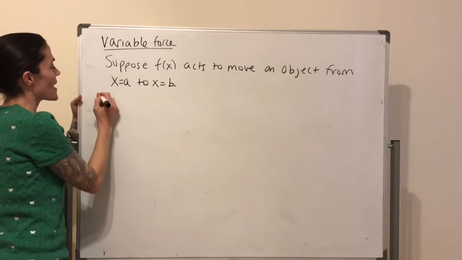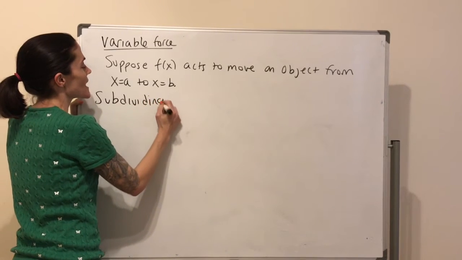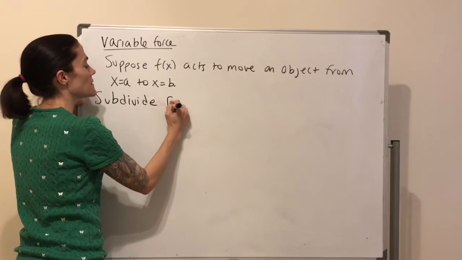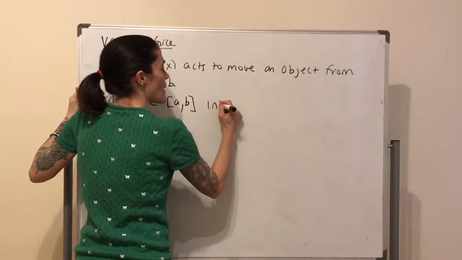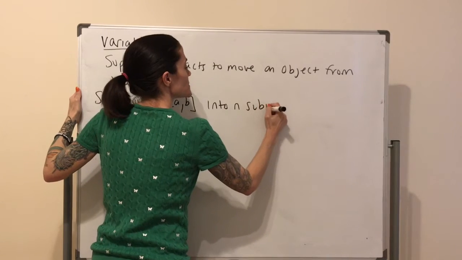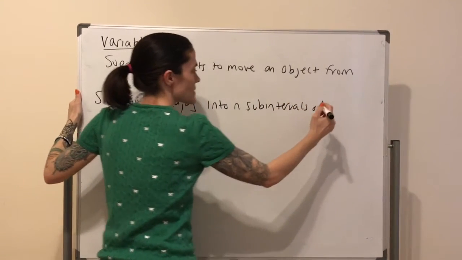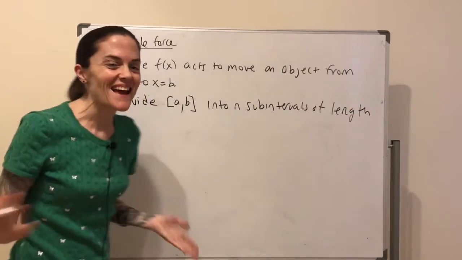Well, let's think about, we subdivide, and this time I will do it. I talked about it in the slicing, but I will actually do it here. Let's subdivide the interval into n subintervals of length delta x, which is b minus a over n.